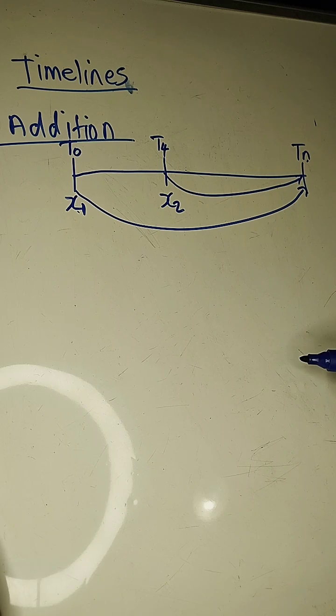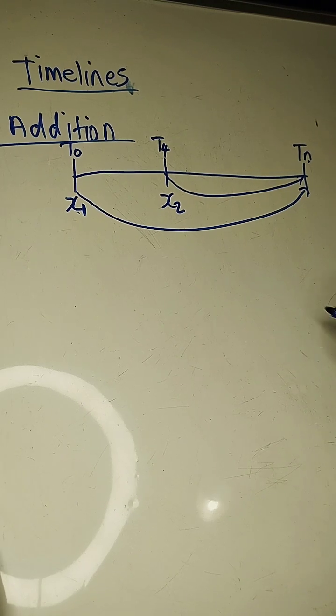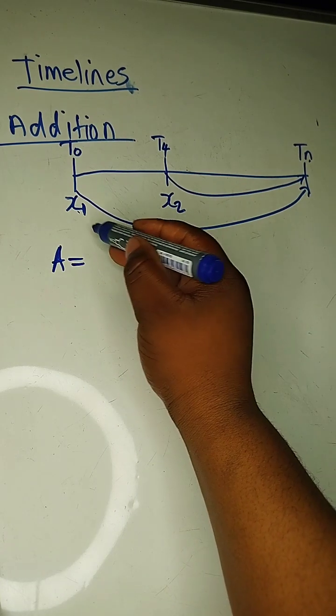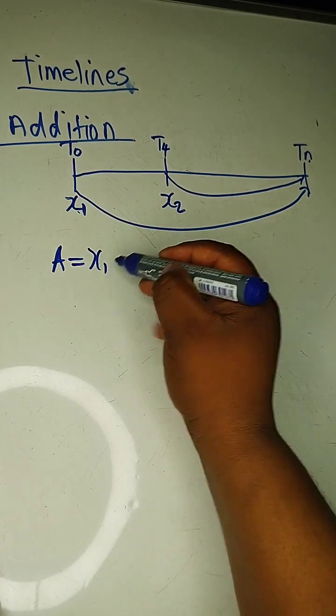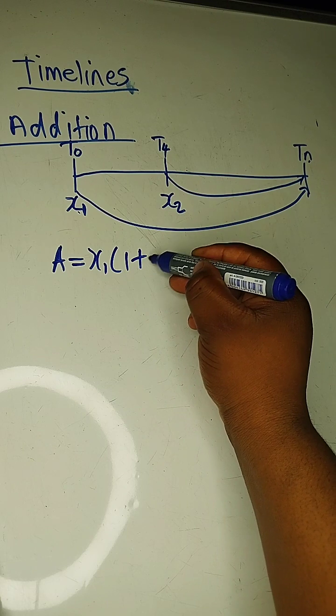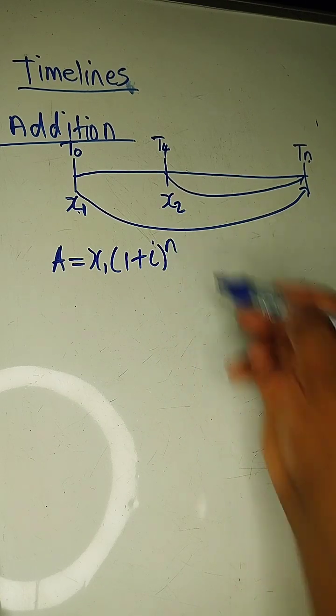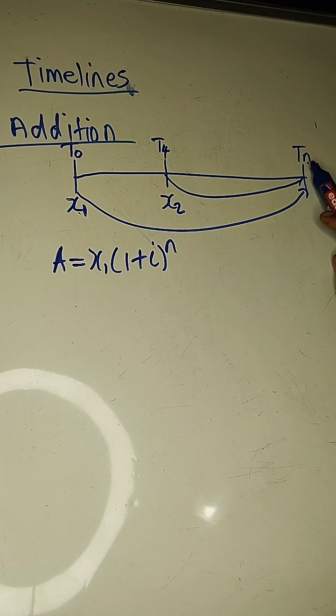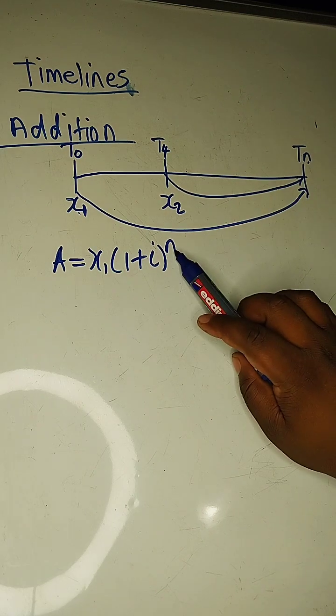What does it mean? It means that we will have A equals X1 into (1 plus i) exponent n. Why n? n is the total period. Let's say it was 5 years, or let's say it was 10 years, so n will be 10.